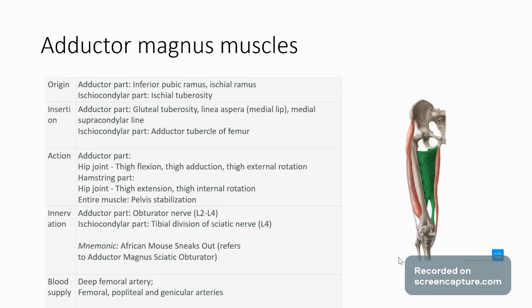The blood supply is given through the deep femoral artery, the femoral, then the popliteal as well as genicular arteries also provide nutrients and oxygen to the adductor magnus muscle. You can see this muscle in the green color.